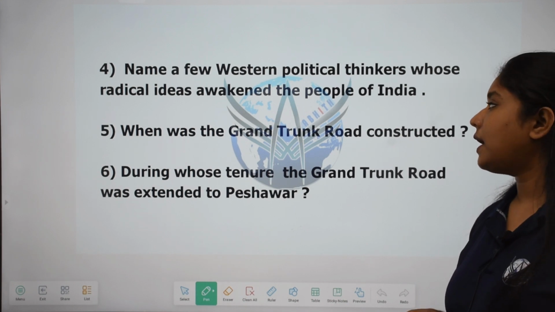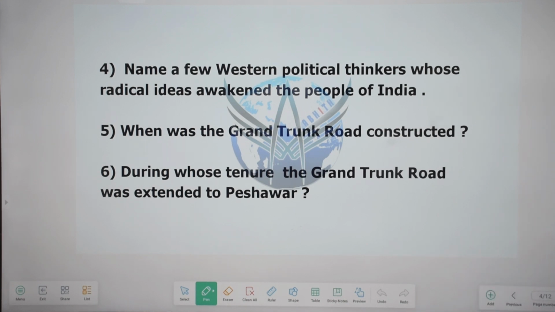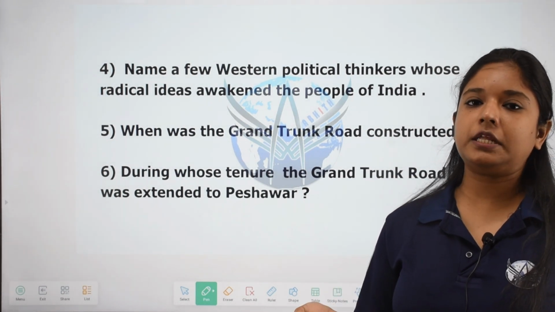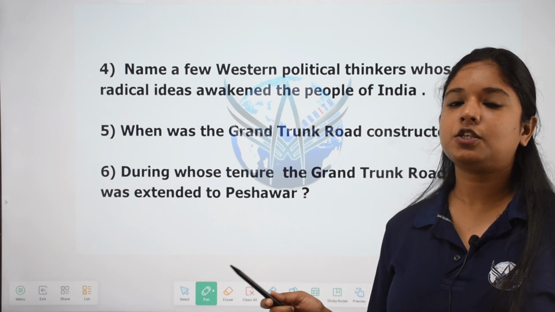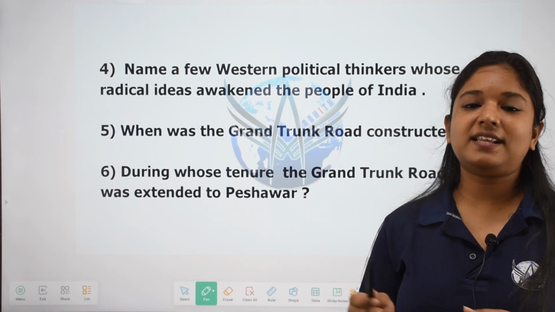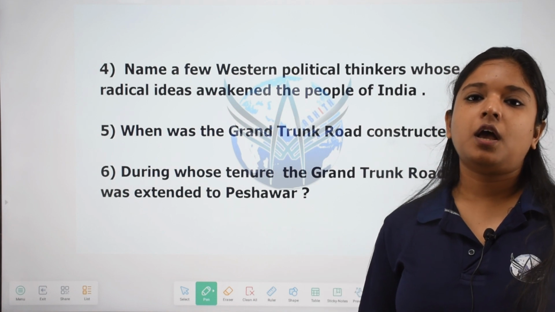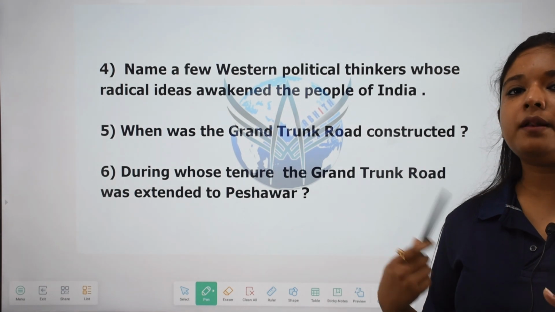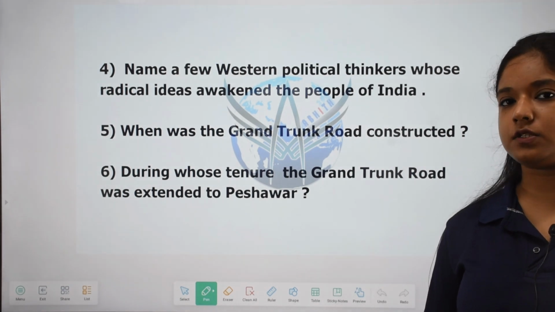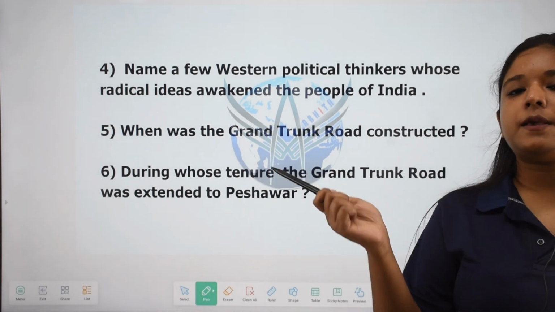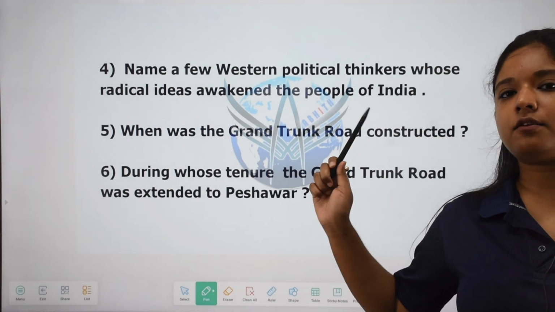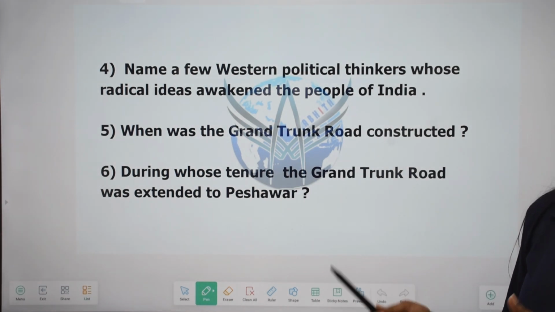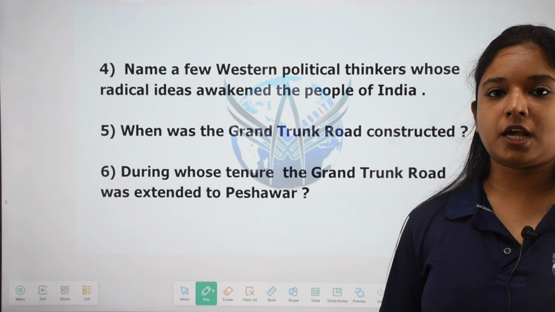Next, when was the Grand Trunk Road constructed? So the British also focused on the development of transport and communication in India. Why? Because they wanted to make sure they did not face any burden or barrier while performing the administrative system across the country, right? So raw materials import export koribolo, raw materials ekhon jagar pora an edukhor jagat pothiabor karone ba weaponry eta jagar pora an eta jagat pothiabor karone, right?